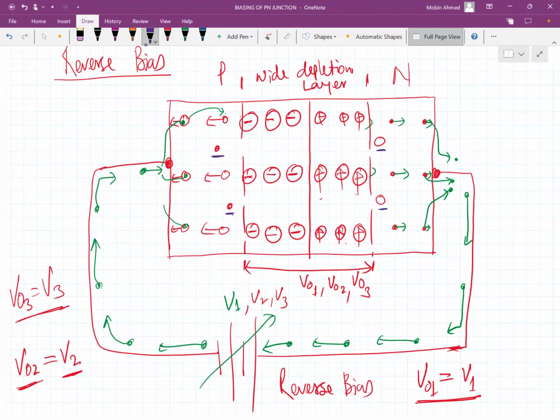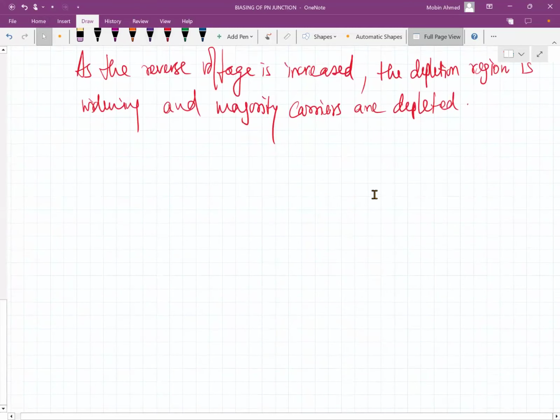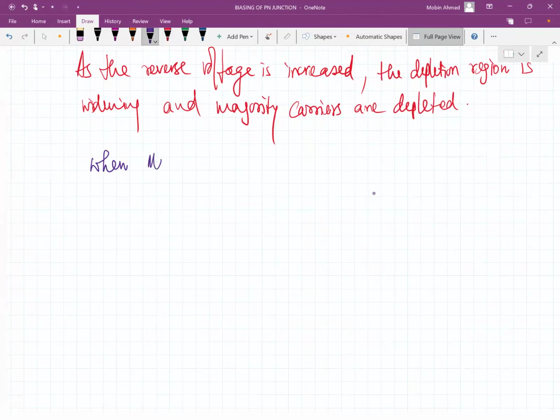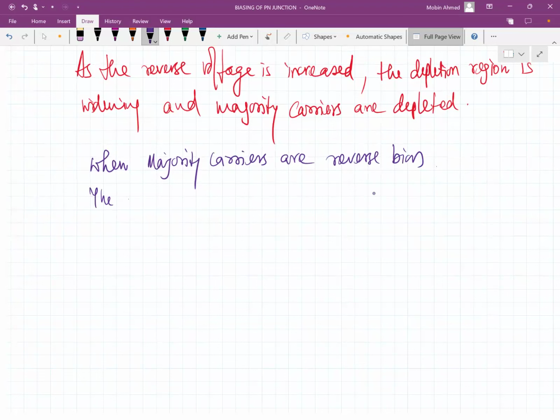So the minority carriers in N type and P type are basically forward biased. When the majority carriers are reverse biased, the minority carriers are forward biased.